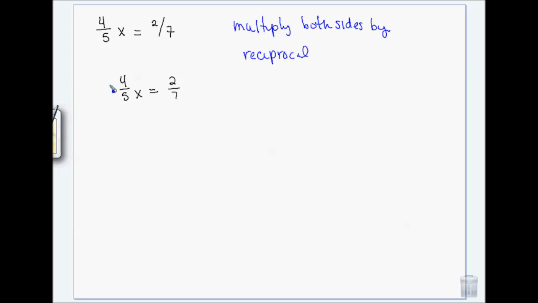I'm going to multiply both sides by 5/4. And the reason I do this is because you know how we can cross cancel? Those cancel, and then these cancel, and I'm just left with x.